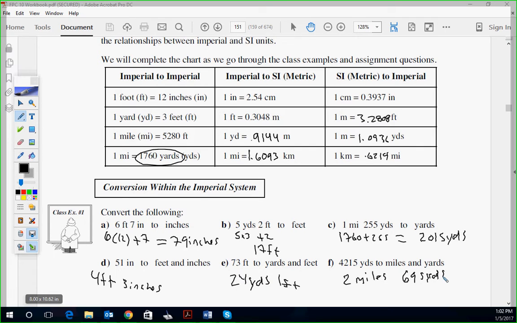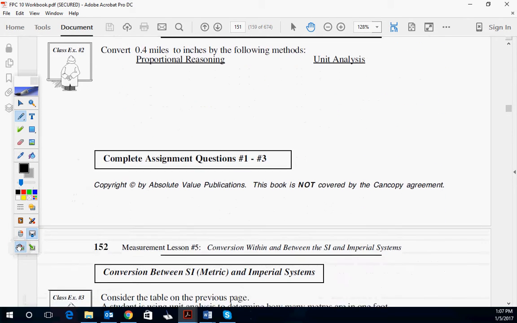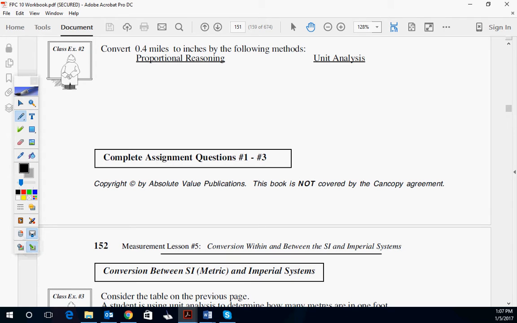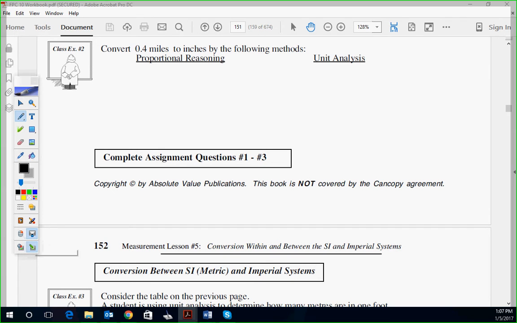Okay, finish up this page, and we've got one more page. Convert 0.4 miles to inches by the following methods: proportional reasoning and unit analysis. Proportional reasoning is the cross multiplication. We know that 1 mile is 5280 feet, and 1 foot is 12 inches.